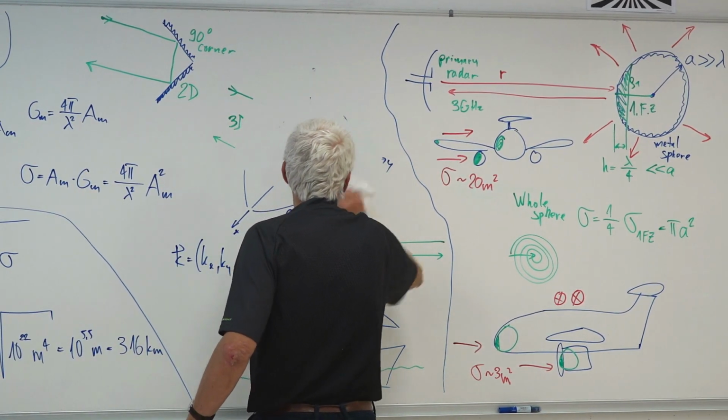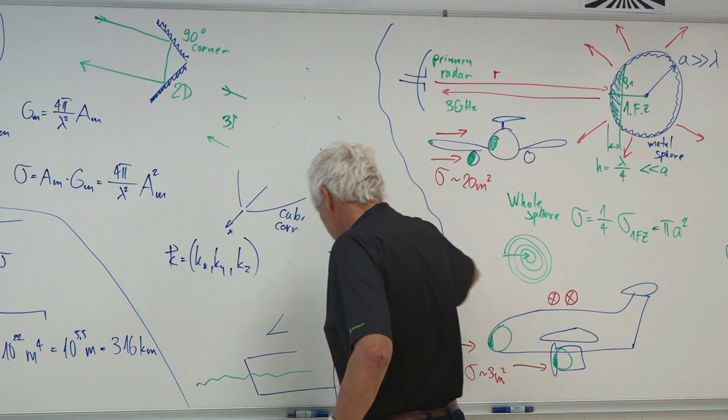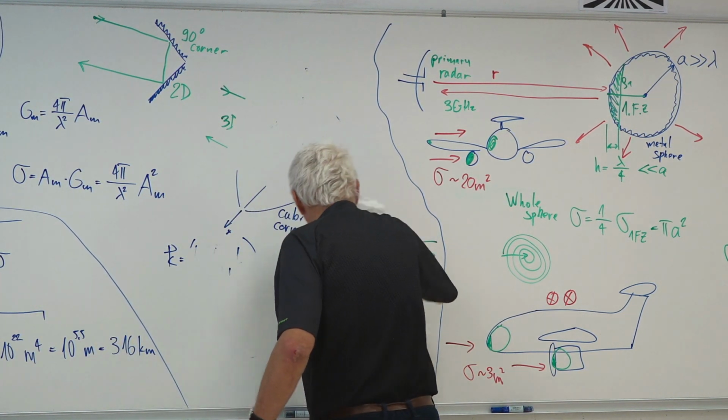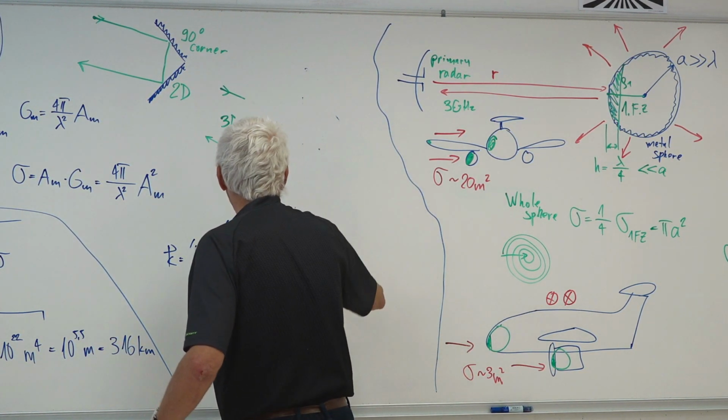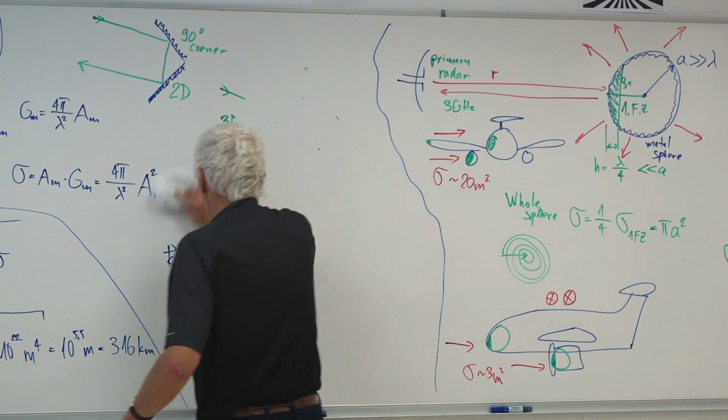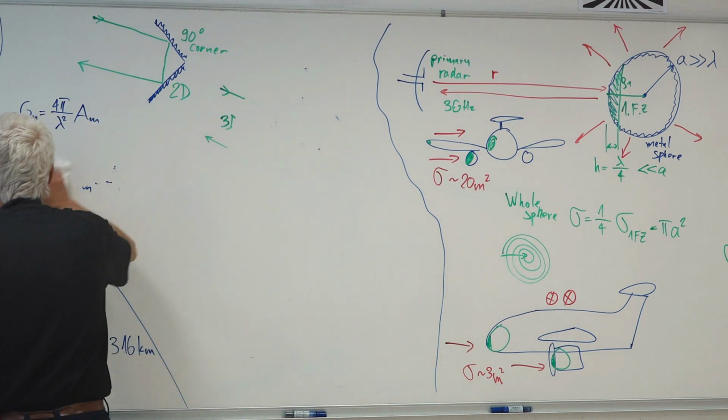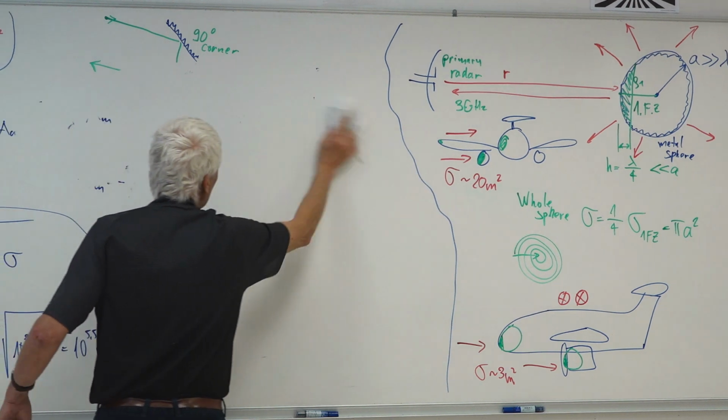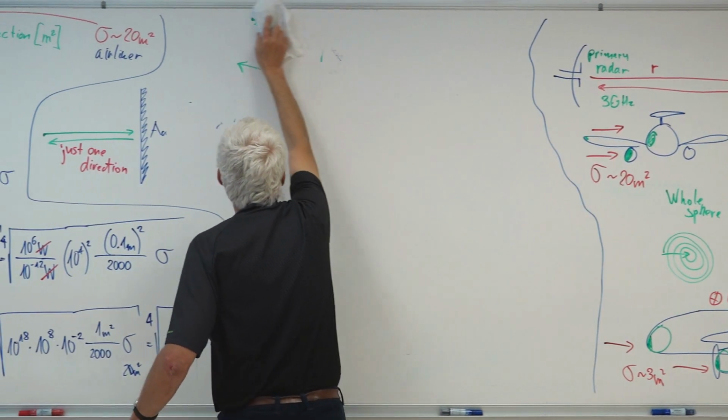How to make this thing visible? This is not easy. How to make this aircraft visible for the traffic control? Because for the traffic control, yes, we see the radar.